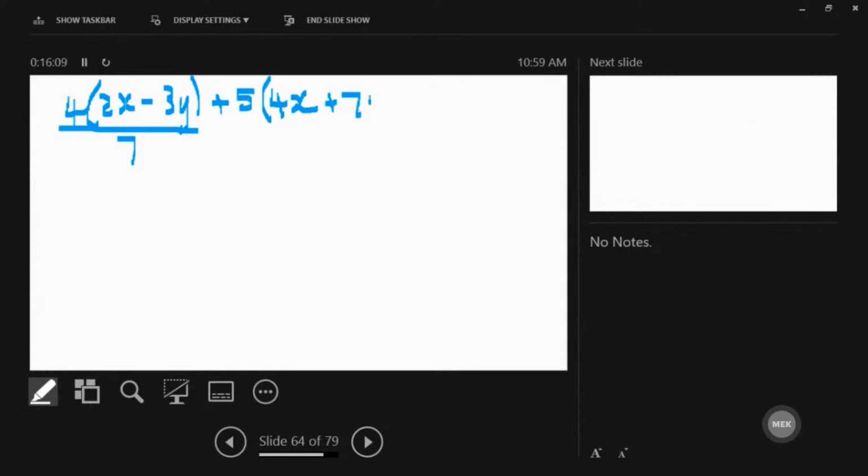So we'd have to sort out these fractions first. So there are 2 ways you can do it. You can expand the bracket first. So you could do that first.